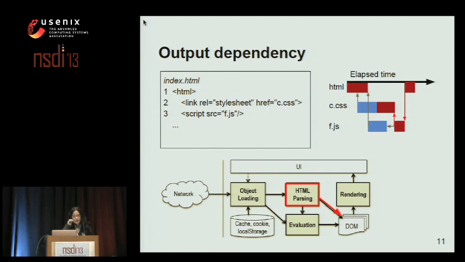Similarly here, JavaScript evaluation and HTML parsing cannot happen at the same time because they both can modify the DOM. And the order here is important. So we can see the red arrows here represent output dependencies, which ensure the correctness of execution when multiple processes access the same resource.